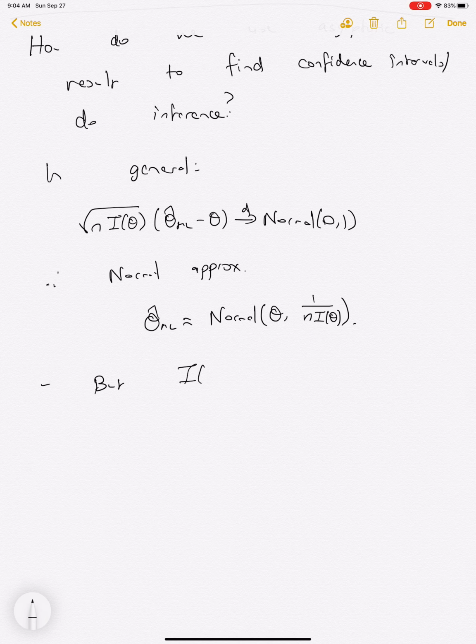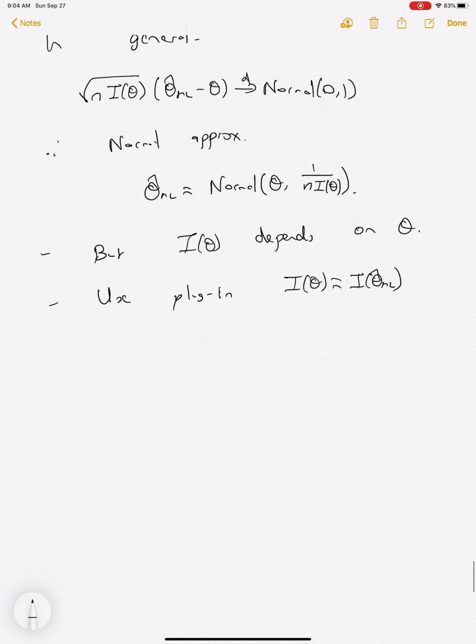But I of theta depends on theta, and this was an issue that we encountered when we were doing the Bernoulli example and the Poisson example as well. So I of theta depends on theta, right? And so this is a challenge because you don't actually know what that asymptotic variance is. So use plugin: I of theta is approximately I of theta hat ml.